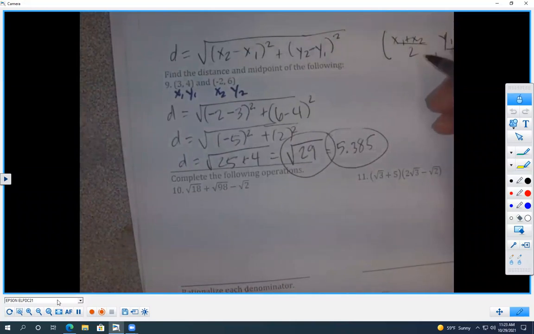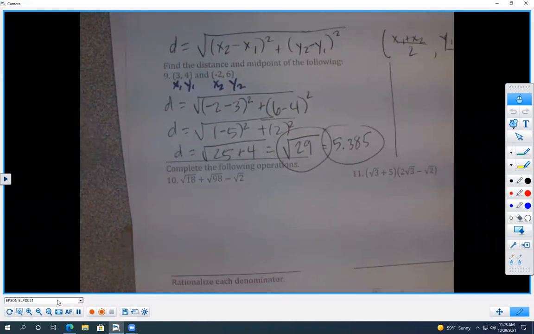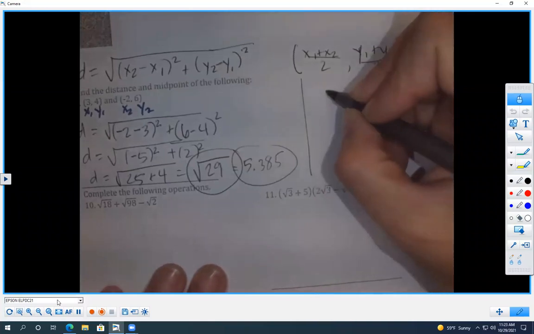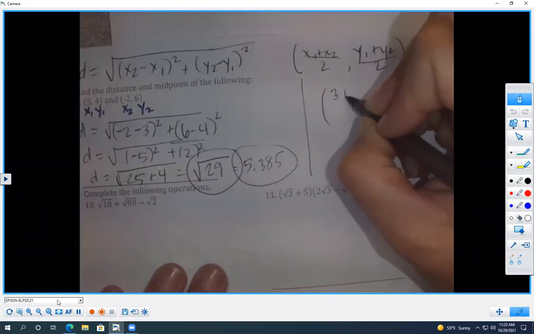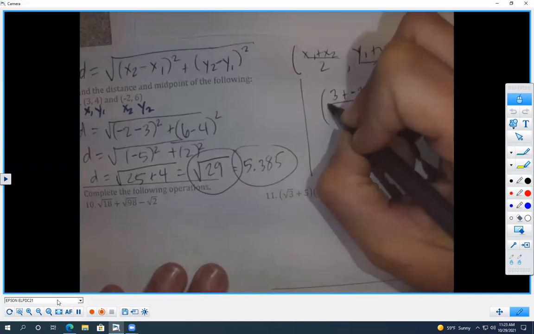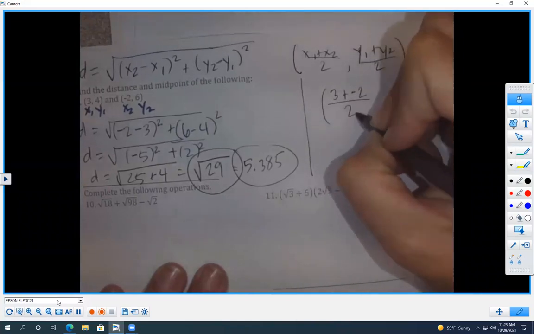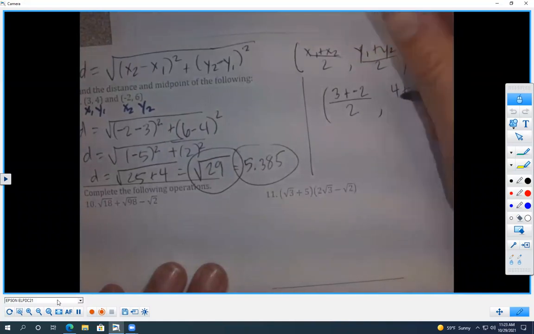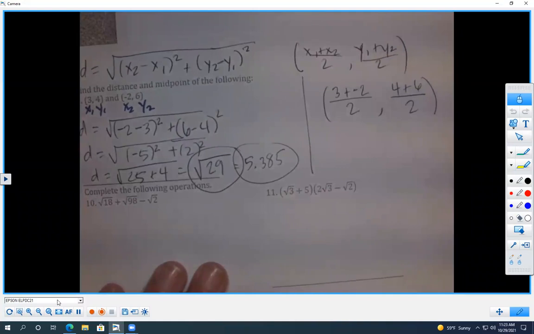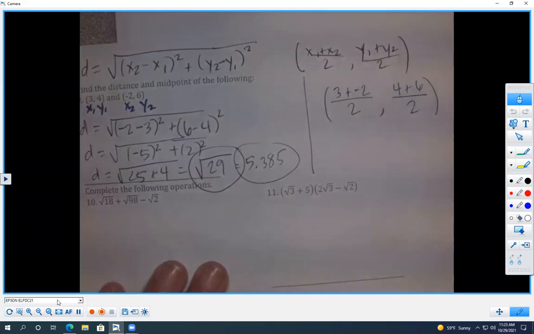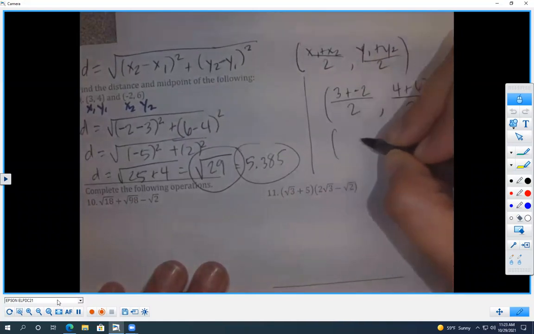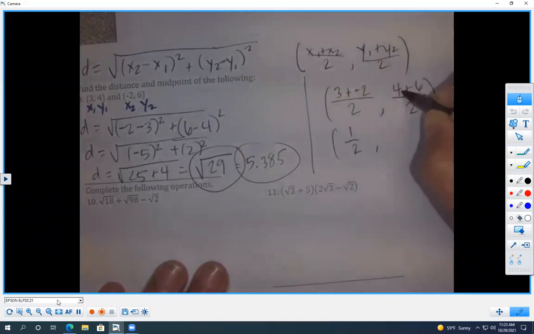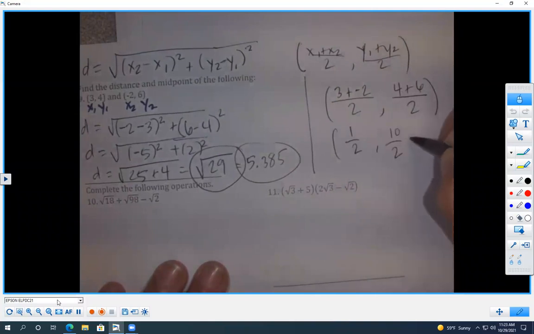So that's the distance formula. How do you find the midpoint formula? Use this one and plug it in. x1 plus x2 is 3 plus -2 over 2. y1 plus y2 is 4 plus 6 divided by 2. 3 plus -2 is 1, divided by 2. 4 plus 6 is 10, divided by 2.